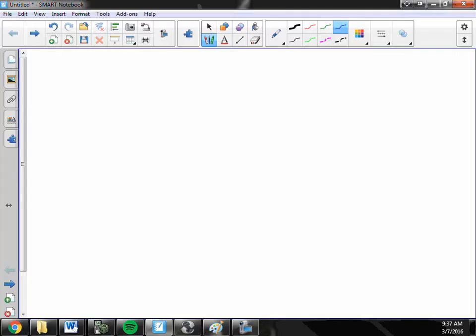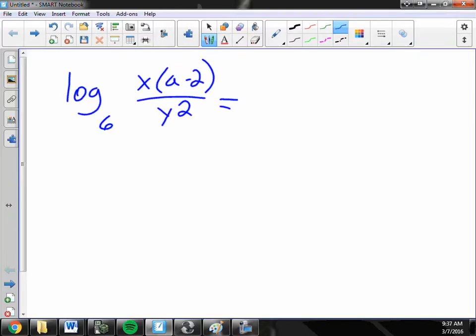So if I had log base 6 of x times a minus 2 over y squared, how would I expand that? How many logarithms am I going to create? 3. This one is going to get a positive logarithm.